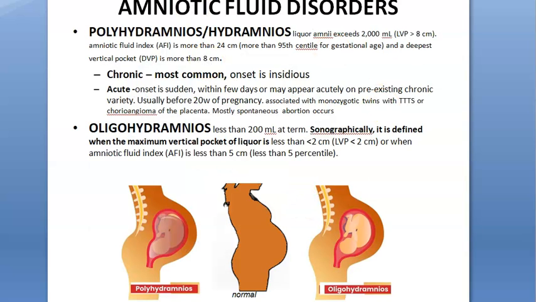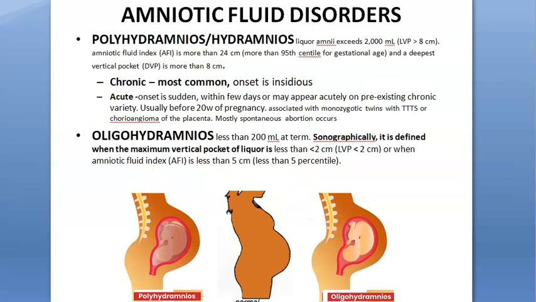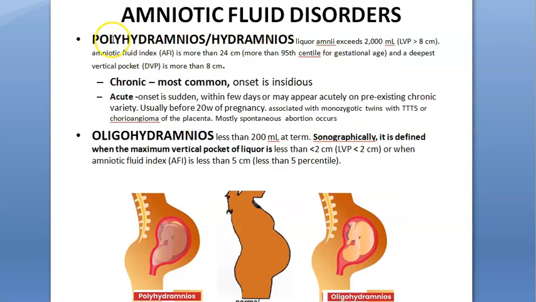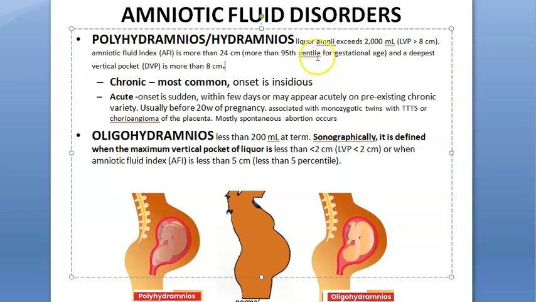So let's go back here. In this video, what do we want to look at, people? Polyhydramnios, or hydramnios, where the liquor exceeds greater than 2 liters. The largest vertical pocket greater than 8 centimeters or the AFI greater than 24 is the cutoff.